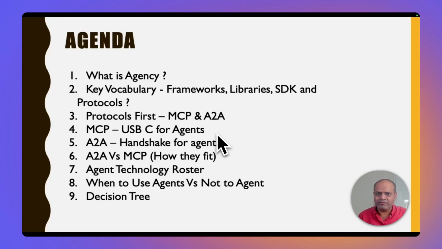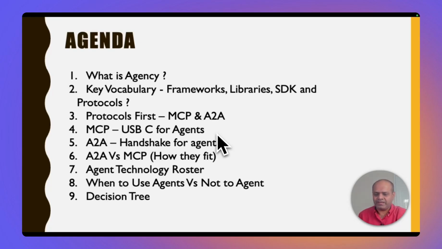We'll compare A2A with MCP, how they fit together, and I'll also share a technology roster, a list of agentic technologies that I have researched. There are quite many, but these are a selective few that I have identified. And we'll go through a framework of when to use agents and when not to use agents, and also a decision tree that I created for myself.